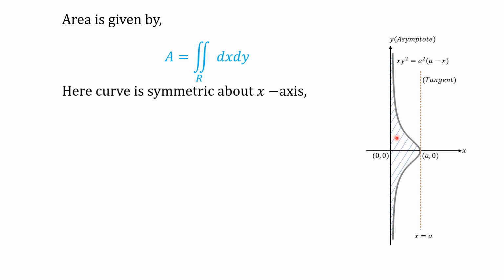Let us say R1 above the x-axis and R2 below the x-axis. Therefore, area of the region R will be evaluated as 2 times area of the region R1. So area A is equal to 2 times double integration over R1 dx dy.